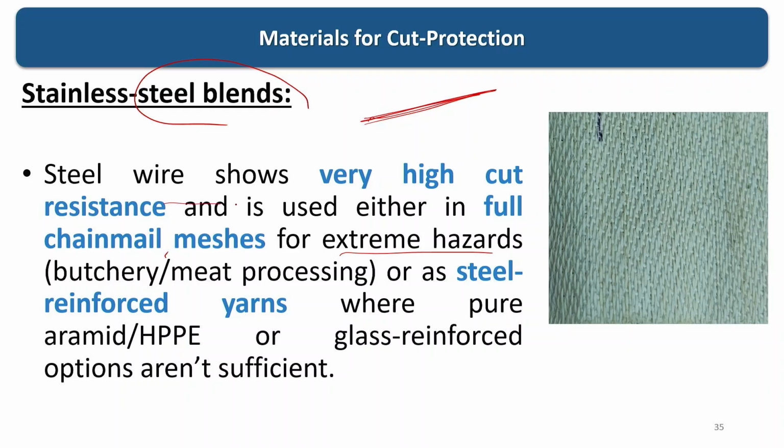Steel wire shows very high cut resistance and it is used in full chainmail mesh like this, made only of steel filaments for extreme hazards. That is one way of using it.